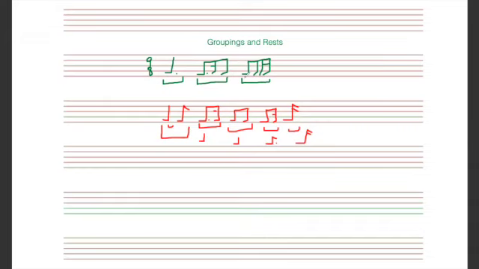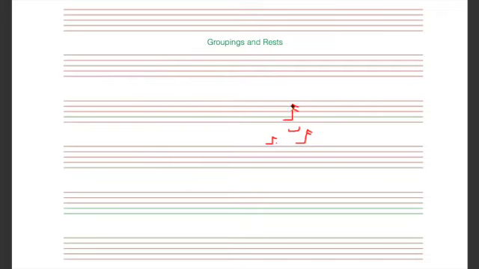Okay, so there are some general rules I'm going to go through now. If we are in 2/4, 3/4, or 4/4 time, it's possible to join all of the beats together. So 2/4, 3/4, and 4/4 time. 2/4 time.